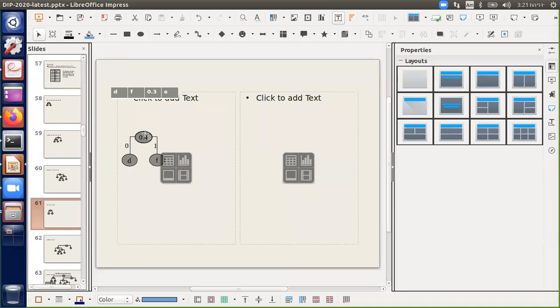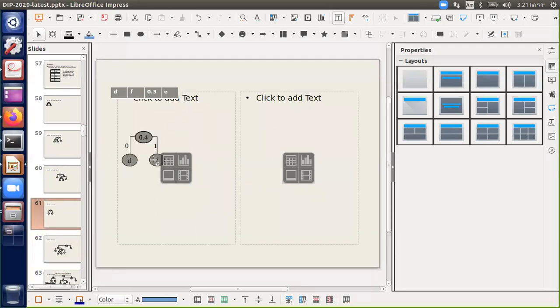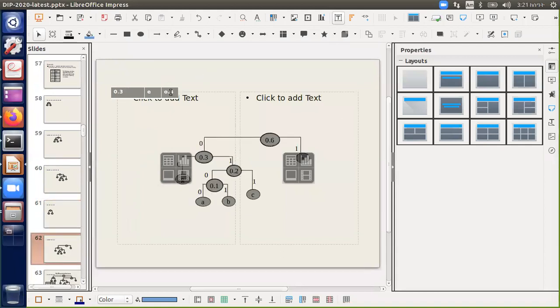After creating a tree for D and F, again we have to sort them. After sorting, the 0.3 tree comes first, followed by E, also 0.3. Finally, the merged tree containing D and F comes last because the frequency is 0.4.